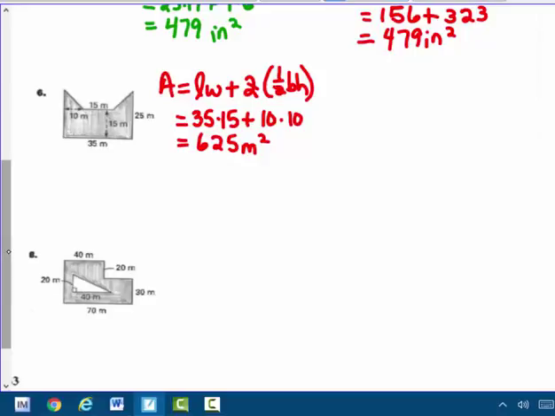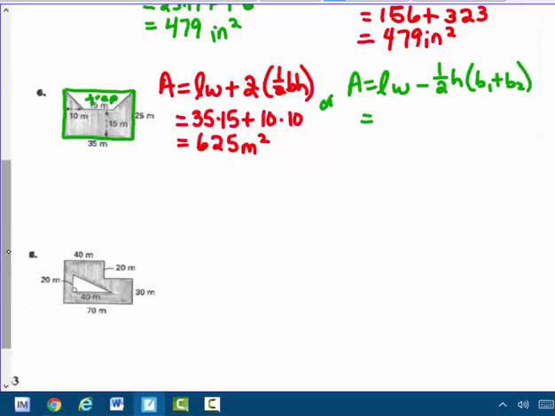Another way I could do that problem, this is probably the harder way. Take the whole thing, think of it as this whole big rectangle, minus this trapezoid. This is a trapezoid right here. That part that's really not on the shape. But if I take the outermost, biggest thing that I can do, and then subtract the trapezoid, I'll get the area of just the shaded part there. So here's the OR. Area equals big outside rectangle minus trapezoid. Big outside rectangle is 35 by 25 minus half the height of that whole thing is, oh, trapezoid height.